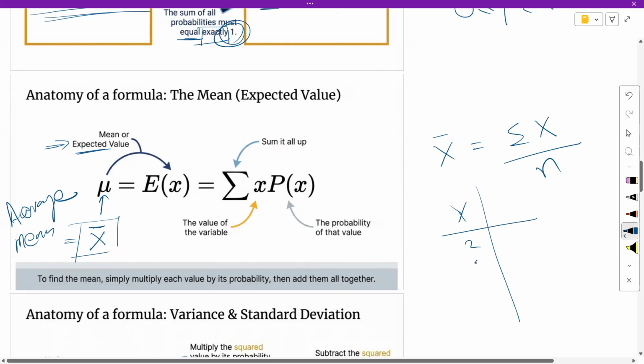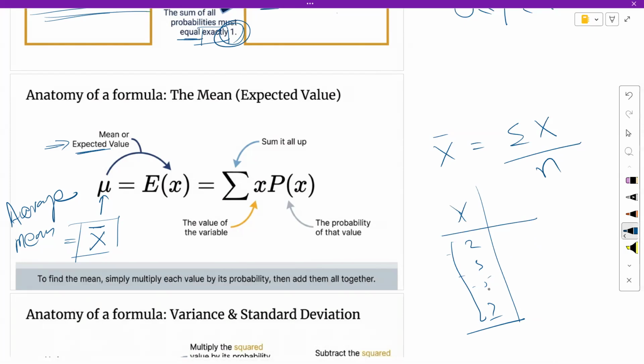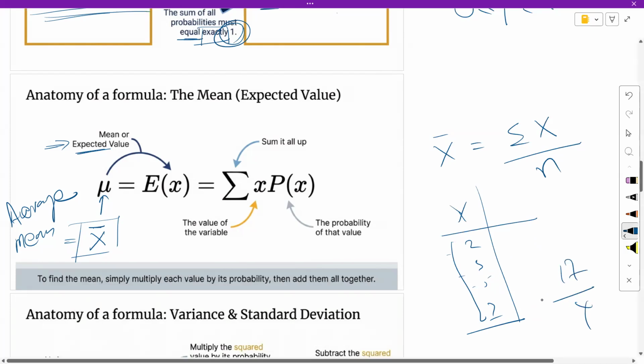Here x values 2, 3, 5, 7, right? So we take the total of this and we divide by number of observations, 1, 2, 3, 4, right? So 2 plus 3 equals 5, 5 plus 5 is 10, 10 plus 7 is 17, 17 divided by 4. This is the mean. But here, with probability, the events have not occurred. We don't know the outcome, but we just predict. We expect. So that's why we call them expected values.